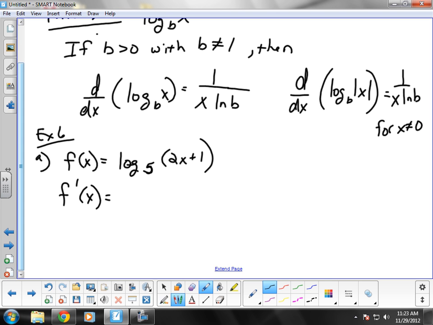We will have to do the chain rule because this is more than just an x. Good, good. That's a way to see it. All right, so in my problem here, I do 1 over the argument just like it is, right? Times the ln of the base. But since my argument is more than just x, I do have to then multiply that whole thing by the derivative of the argument, which is 2.